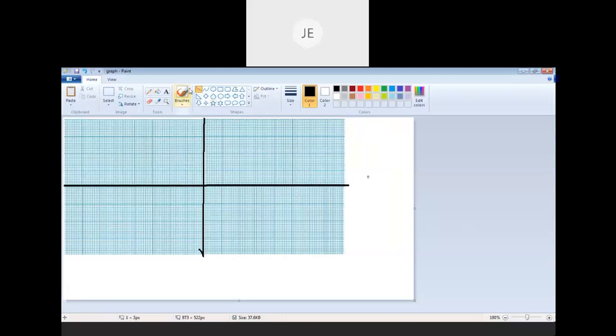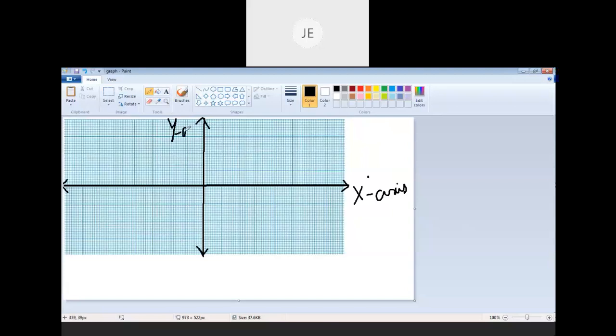This horizontal axis we call the x axis, and the vertical axis we call the y axis.